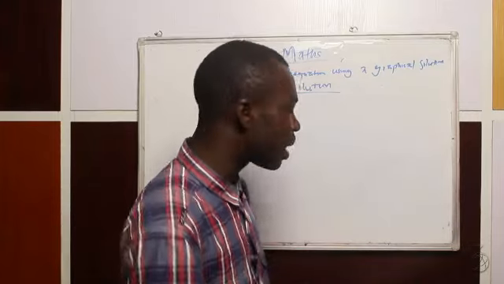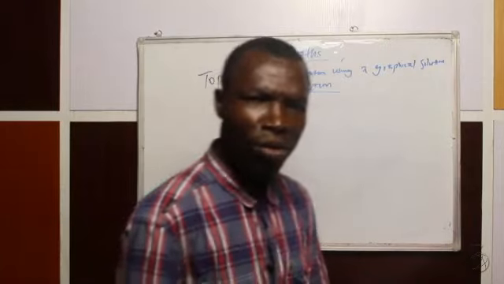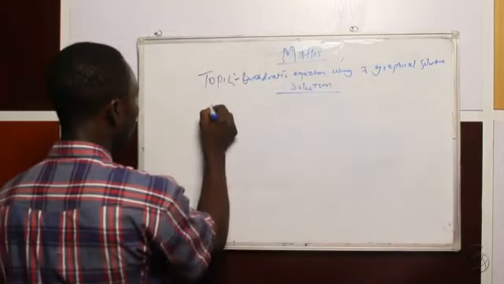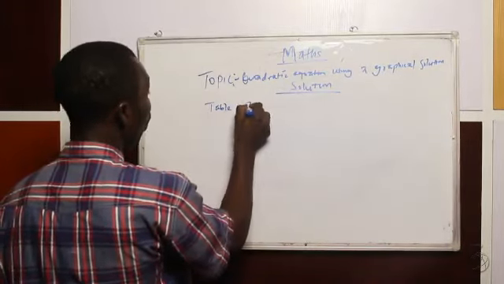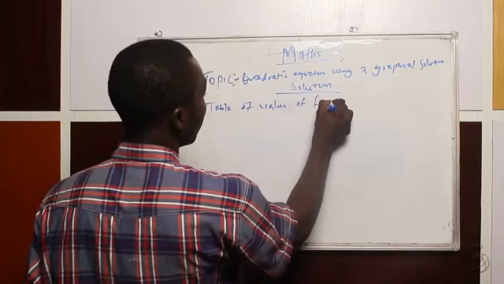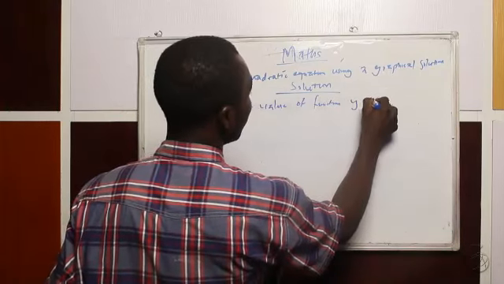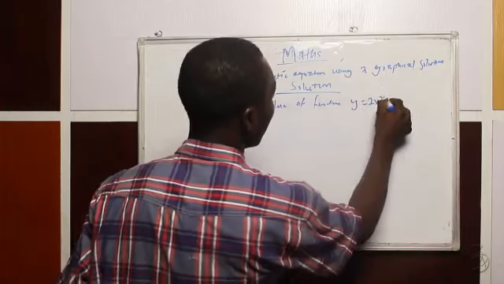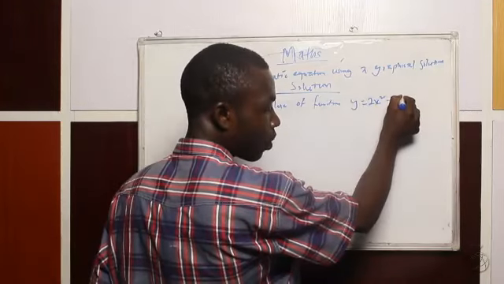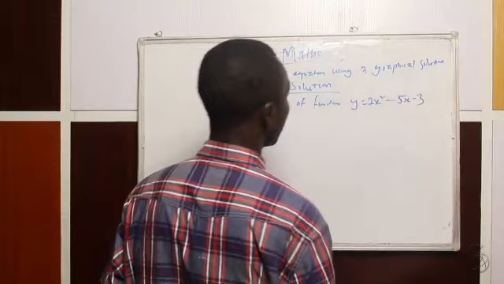We must not make mistakes in finding our table of values. So number 1, the table of values of the function y equal to 2x squared minus 5x minus 3.